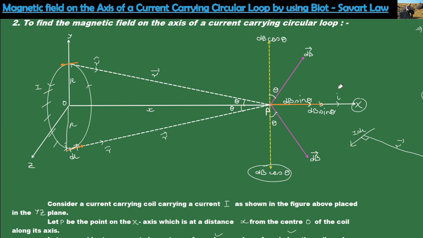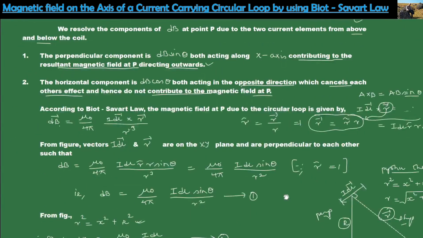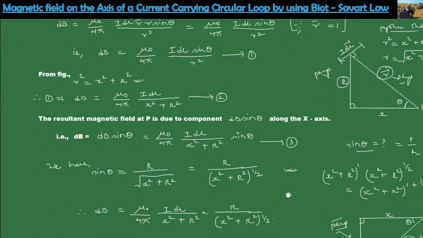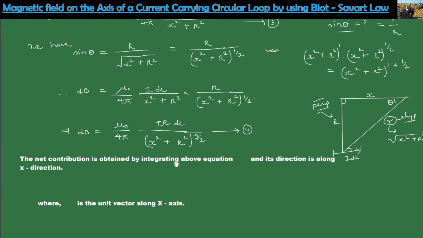So the unit vector will be i cap. The total magnetic field, or the net contribution, is obtained by integrating equation 4, and its direction is along the x direction.